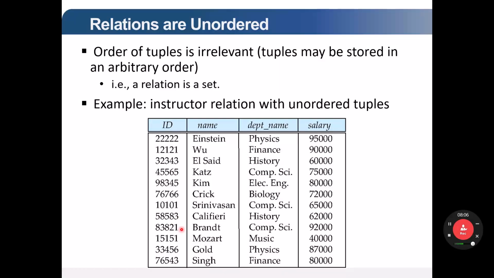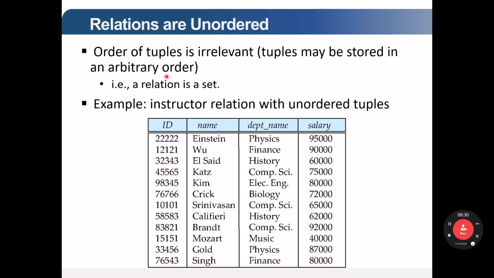Relational algebra is based on set theory, the mathematical topic. In a set, we don't care about the order of elements. Similarly, in relational algebra, the order of tuples does not mean anything.